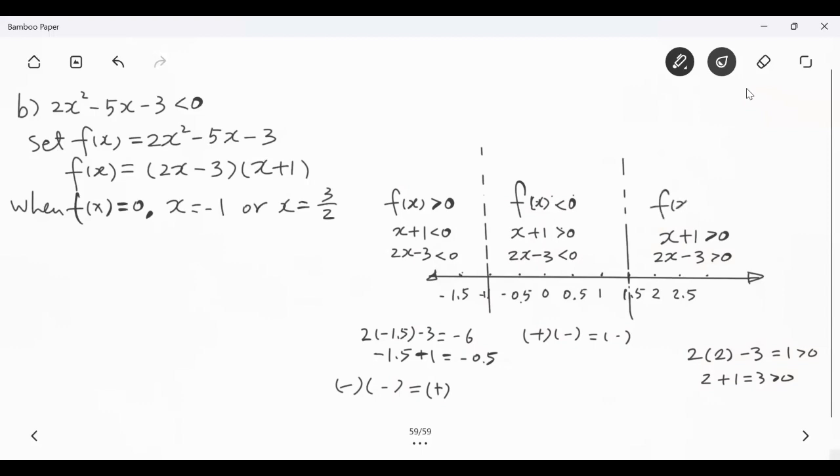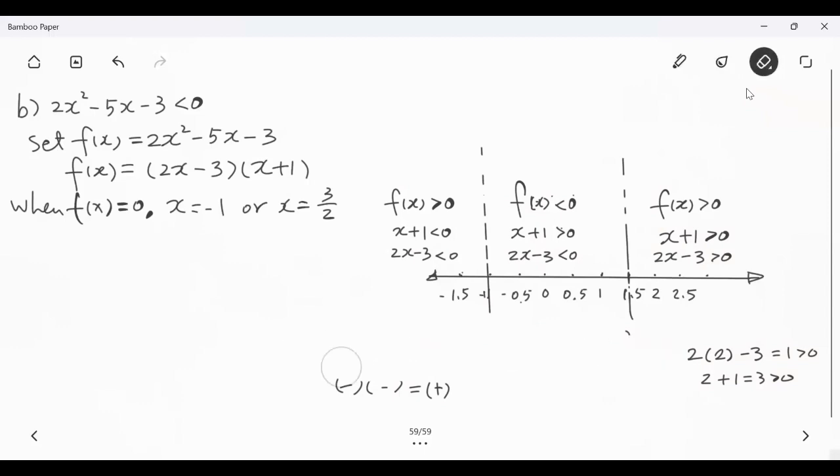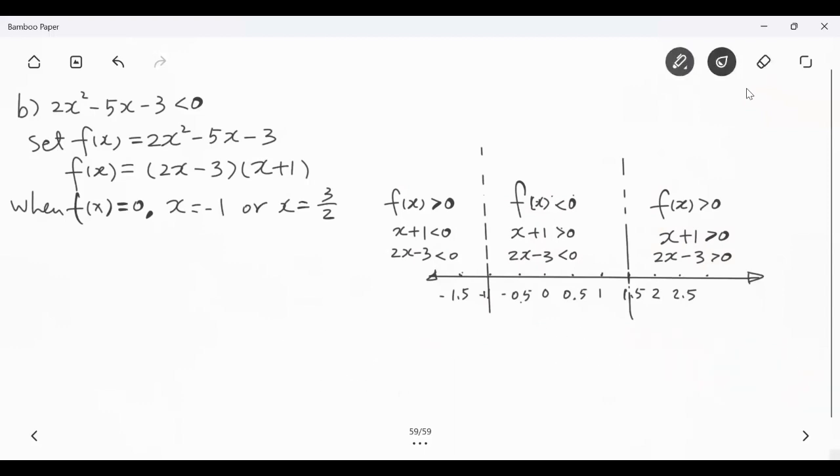So 2 positives, so y is positive, right? Okay, we get the value for each side of y. So go back to the inequality less than 0, so that means y is negative. So we get this, right, in the middle.